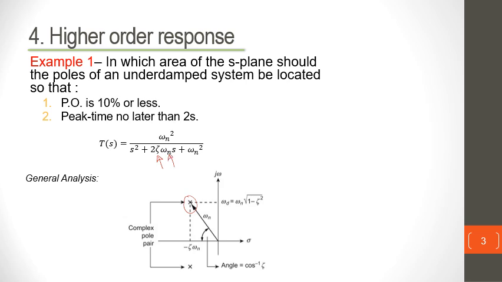So in fact, we have seen that this angle is related to the damping factor. And then we can see that this location on the imaginary axis here and this possible location on the real axis is also related to both the damping factor as well as the natural frequency.